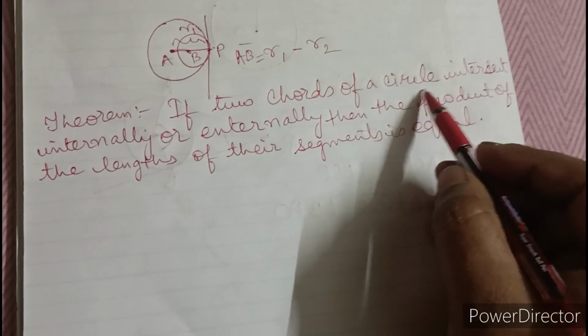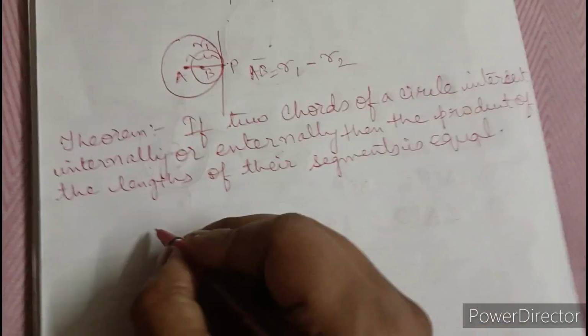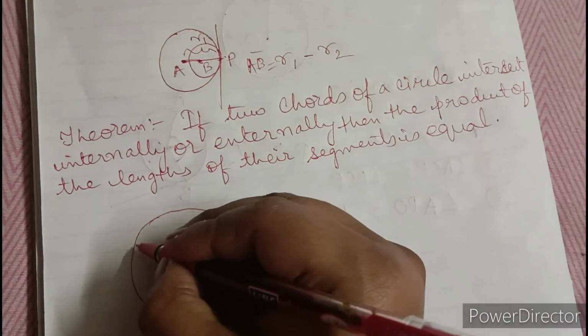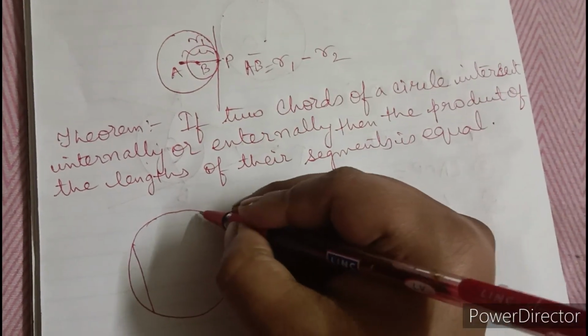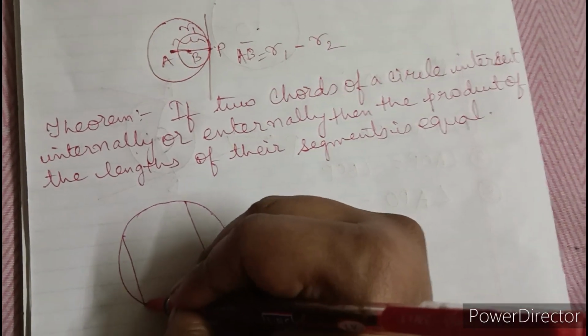See, the next theorem is, if two chords of a circle intersect internally or externally. Let us draw the diagram first, then you will understand this. Suppose there are two chords like this, one chord and another chord. Now they are intersecting.